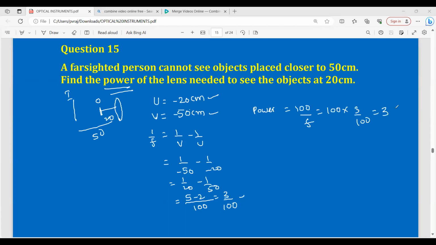Then answer will be 3 diopters. Okay, very good, very good. Many of you gave the answers. That is 3 diopters. Very good. Correct only.